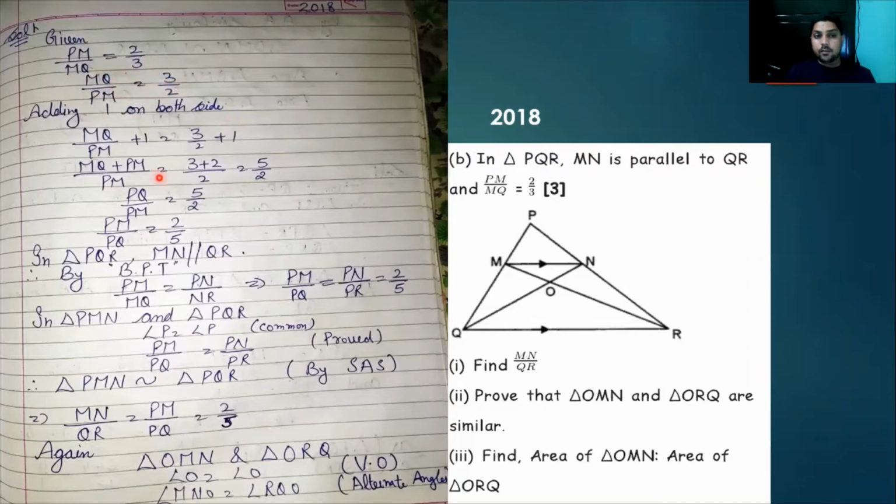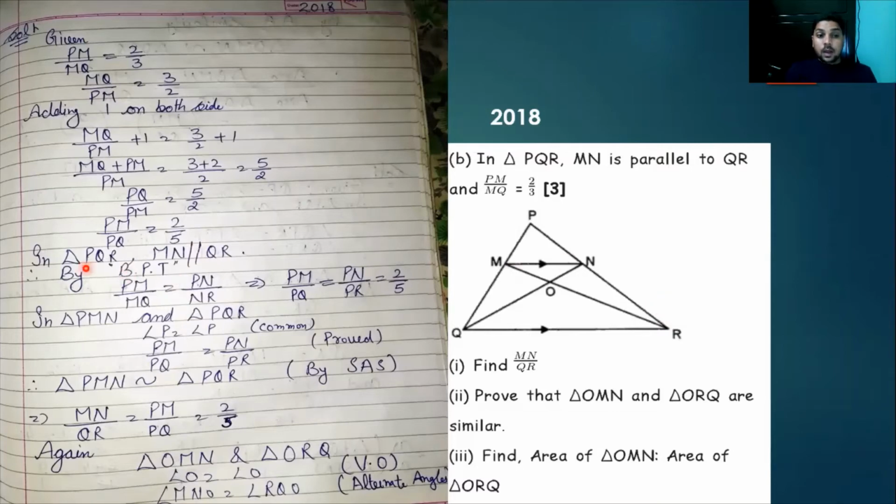On adding, we have the value of PM over PQ equal to 2:5. So we have the total value of PM upon PQ equal to 2/5. Applying the BPT theorem here, this will have the ratio 2 whole PR, that will be equal to 5.